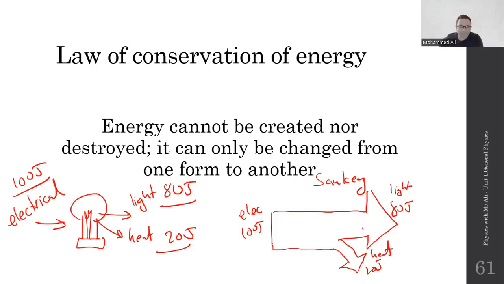This diagram just shows you how it's split. The thinner the arrow, the less energy is split, and the thicker the arrow, the more energy is split. So if this is 100, this is about 80, this is about 20. It doesn't have to be to scale or anything. So if you take a look at this diagram, you should be easily able to tell what energy transformations are going on.